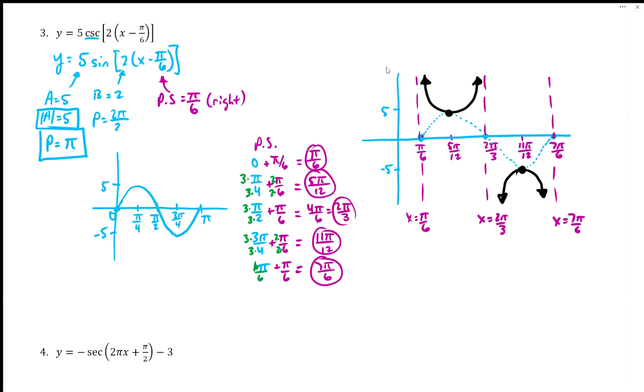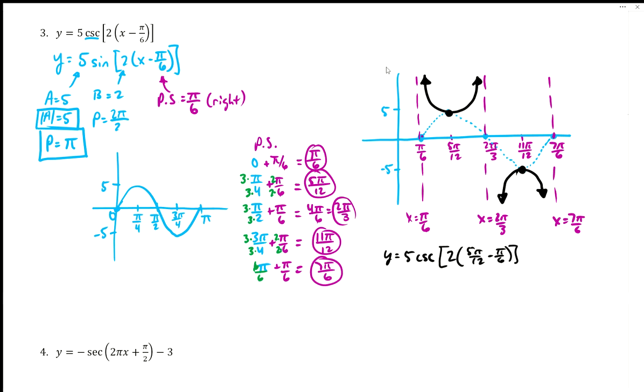Like always, we could double check if we need to. For instance, how about I plug in the 5 pi twelfths? If I plug in 5 pi twelfths, we would have 5 cosecant of 2 times 5 pi twelfths minus pi sixth.